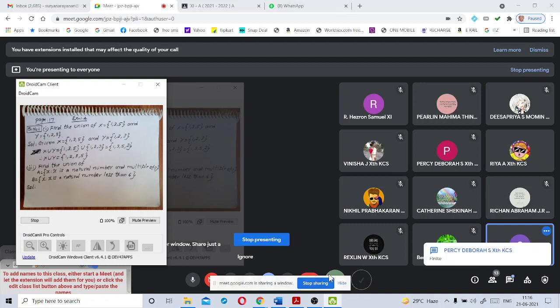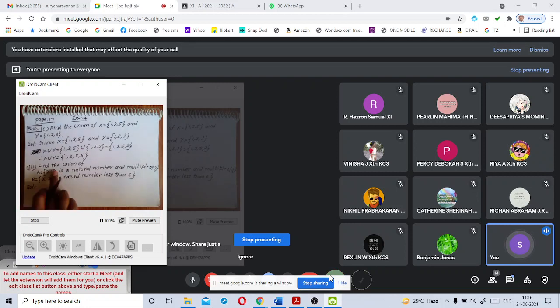In case you want to find the union of an infinite set and a finite set, or both are infinite sets, where these two sets are given in the set builder form, yes or no? In that case, if you want to find the union of these two sets, no need to write them in the roster form.